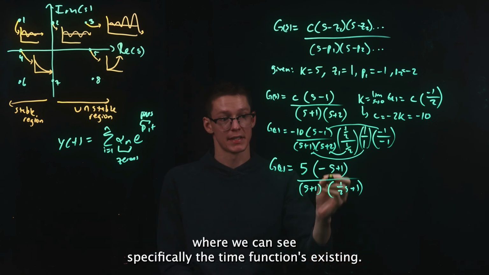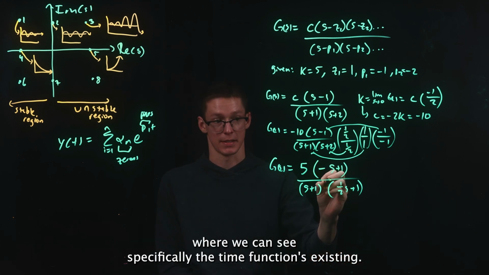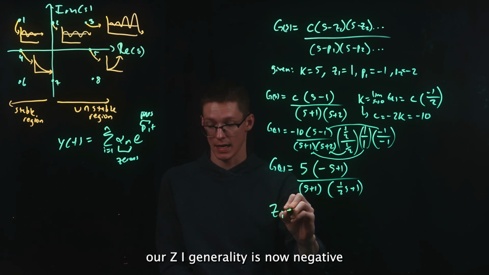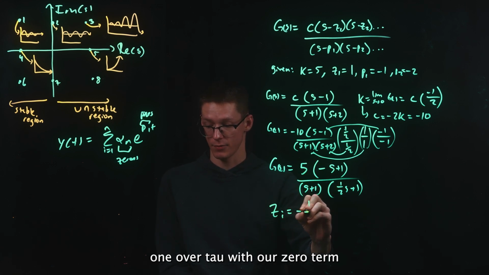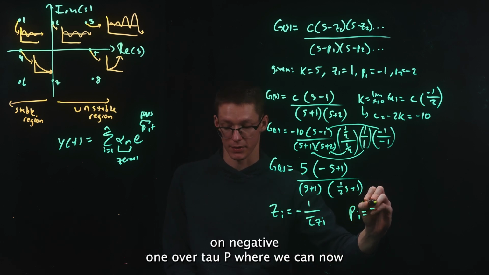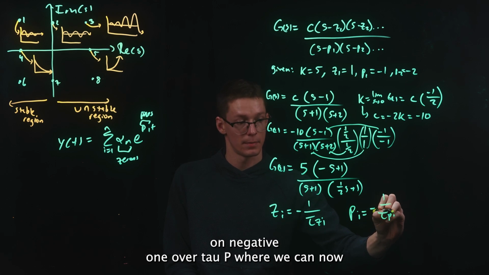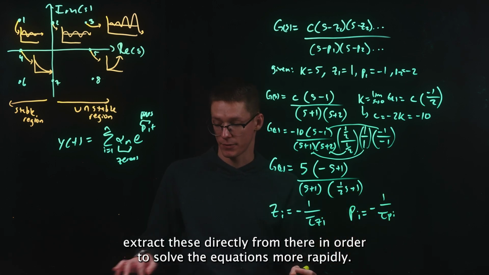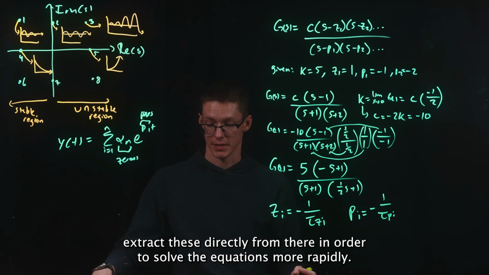And so in that way, we've been able to reconfigure and rewrite this based on our +1 notations, where we can see specifically the time functions existing. And so in our zeros, which are the numerator, our zi generality is now -1 over tau z, and our poles are going to be based on -1 over tau p, where we can now extract these directly from there in order to solve the equations more rapidly.